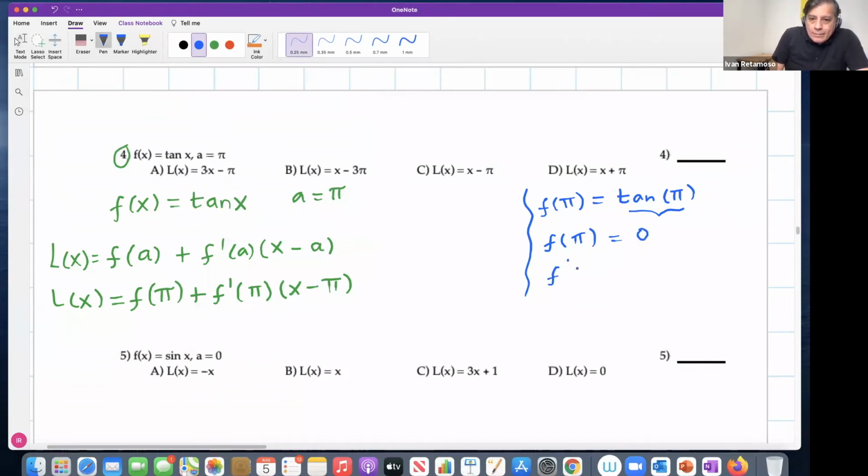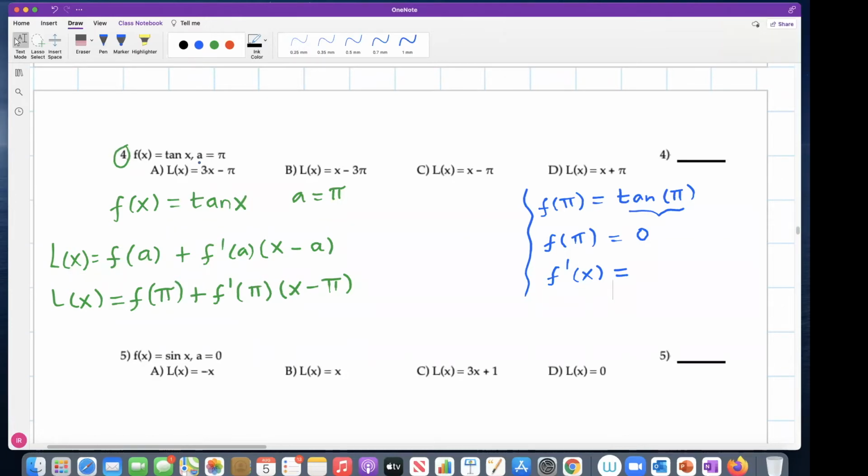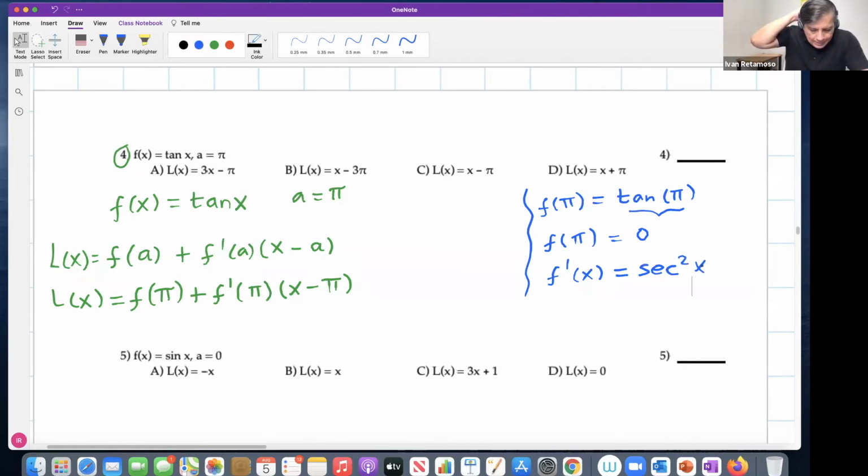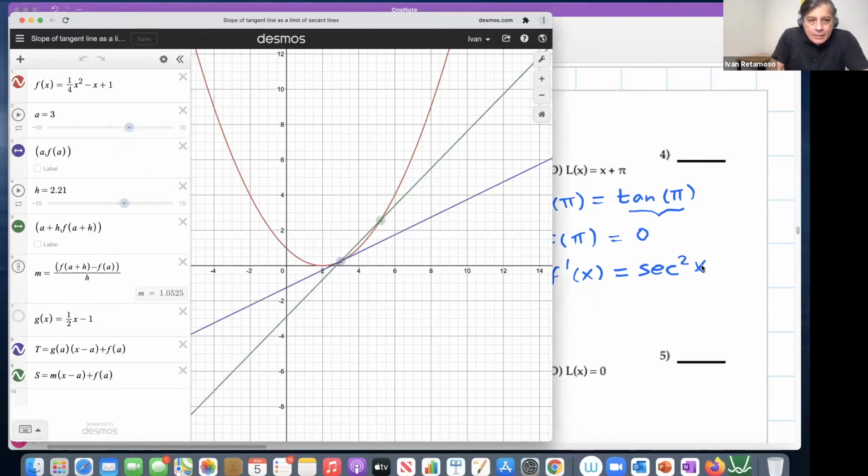Now the derivative. Anyone could tell me what is the derivative of tangent of x? Do you remember, guys? Is it going to be sec squared? Secant square. Very good, Sarah. Secant square of x. In case you forgot, I have sheets where the derivatives are shown.